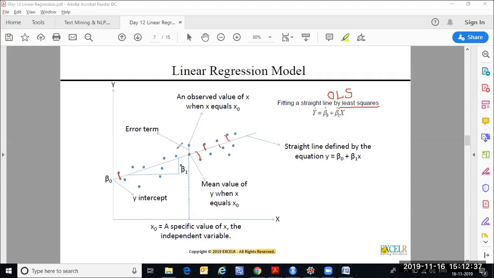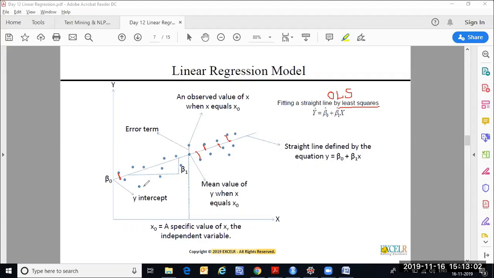Now, the difference of your actuals and the predicted. Actuals are the data points that you are seeing. Predicted values are nothing but the relevant data points on the line, because the line is the equation based on which you are predicting the output values.